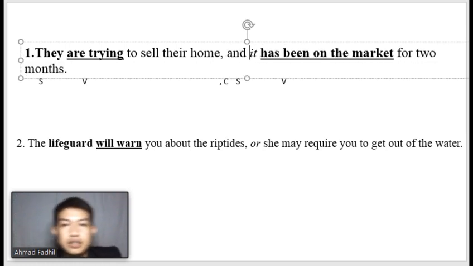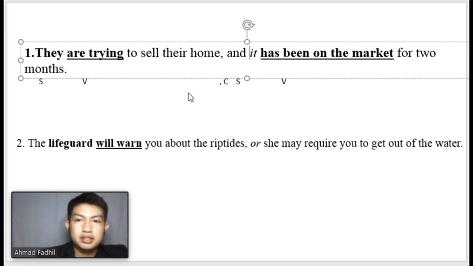They are trying to sell their home, and it has been on the market for 2 months. So this can be correct if we add the connector. The right connector is and.